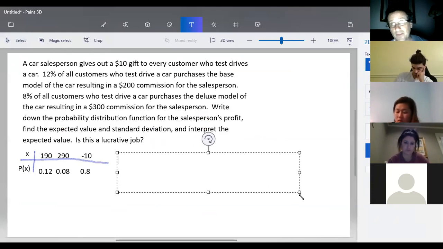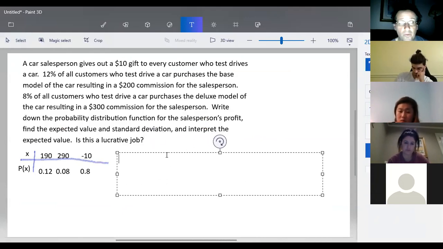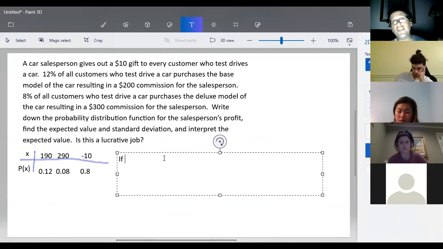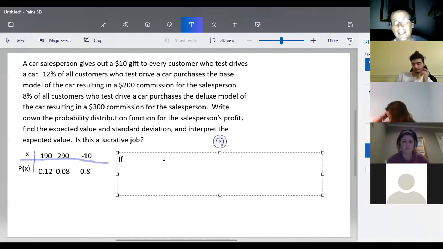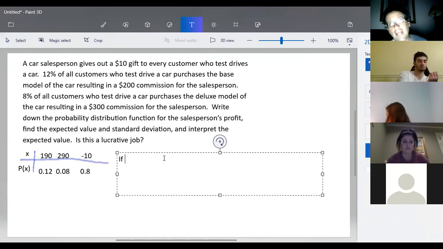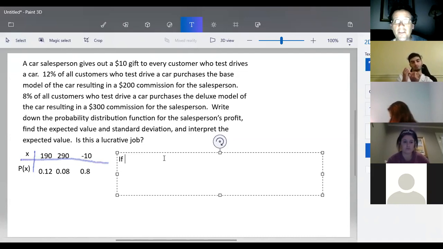Now let's write down what that means. The template is: if many trials are done, then it's very likely that the observed average will be very close to the expected value. Now we have to turn that into words about this problem. Many trials means many customers.